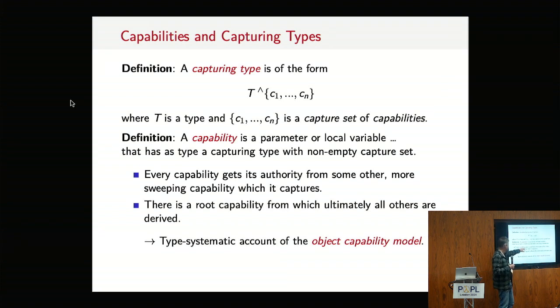So every capability gets its capability-ness or authority from some other more sweeping capability, which it captures, and there's a root capability from which ultimately all others are derived. And I believe that's the type systematic account of the object capability model. And the object capability model, as far as I know, didn't really have a type system so far. I would claim that's essentially a natural type system for that.